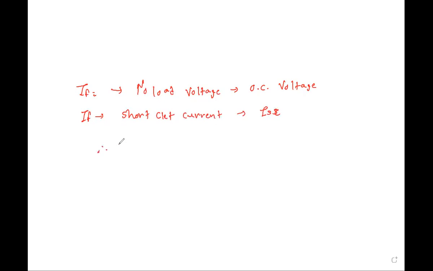Okay, so actually, for a constant value of field current, we find the no load voltage, which is actually the open circuit voltage, and at the same field current we find the short circuit current, let's say ISC. Now I take the ratio of the no load or open circuit voltage to the short circuit current, and that gives the synchronous impedance.